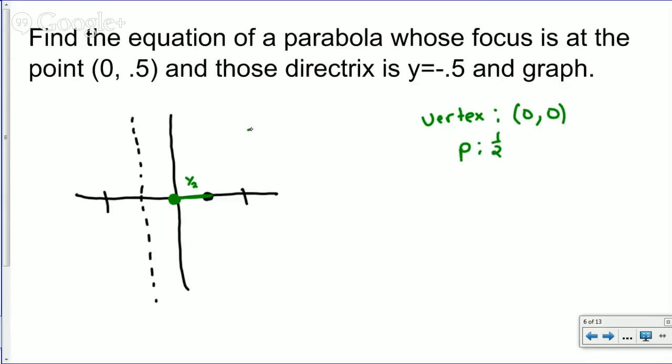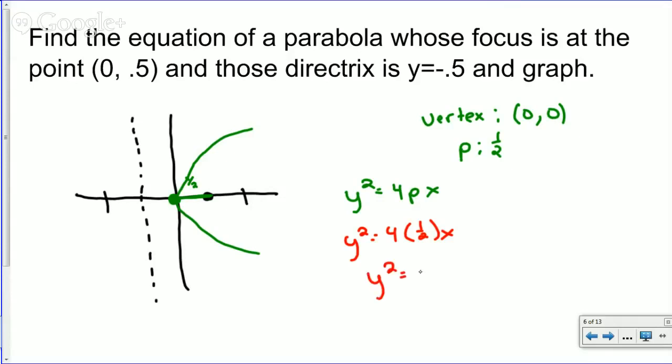So I know that this is opening in this direction, because it starts at the vertex and opens in the direction of the focus. So that's going to be y squared equals 4px. I know what p is, so we'll just plug p in. So y squared equals 4 times 1/2 x. So y squared equals 2x.